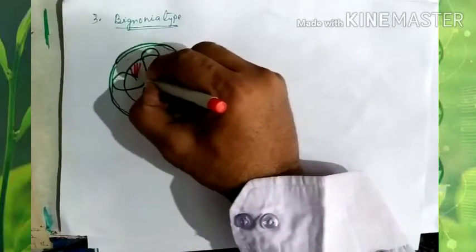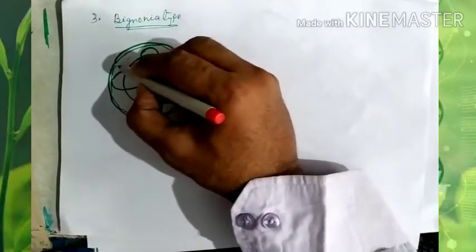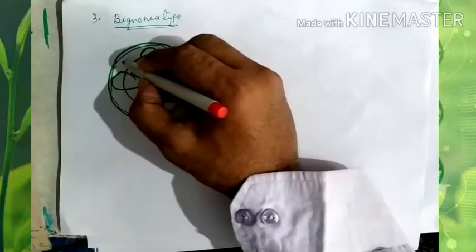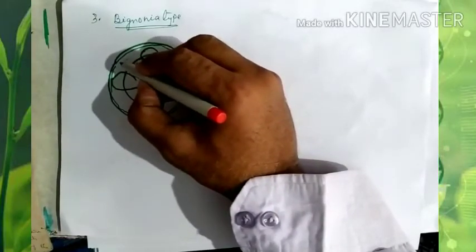Here is the secondary xylem, and this is the secondary phloem.